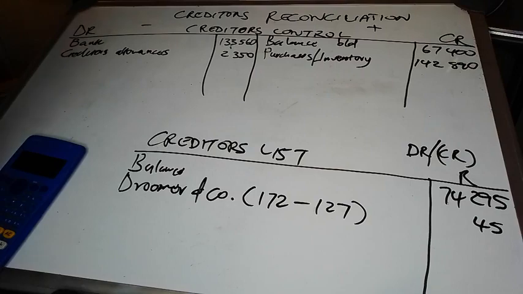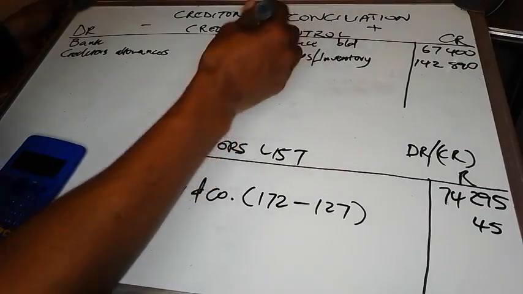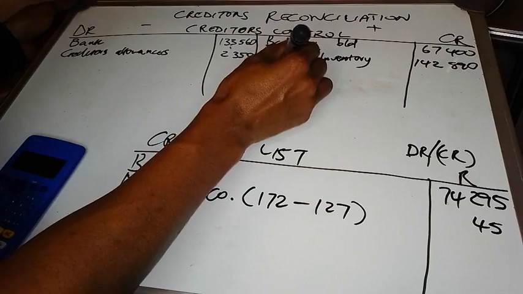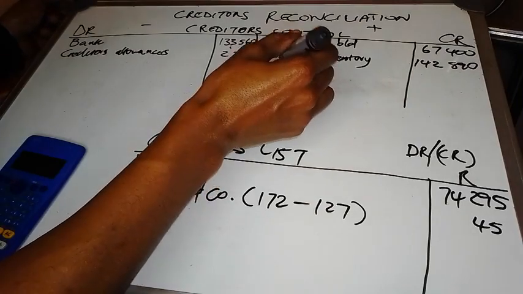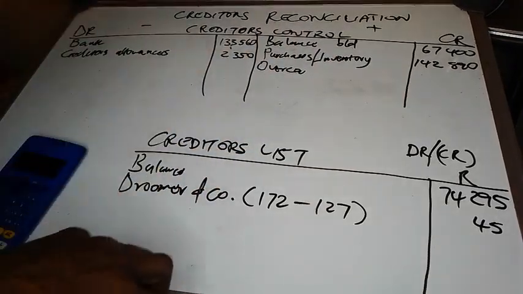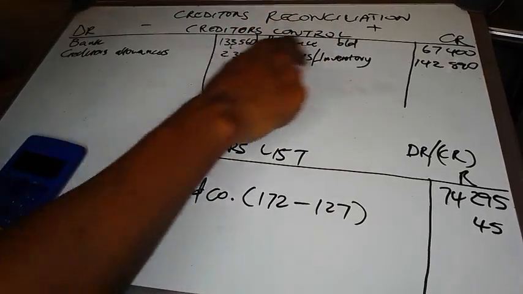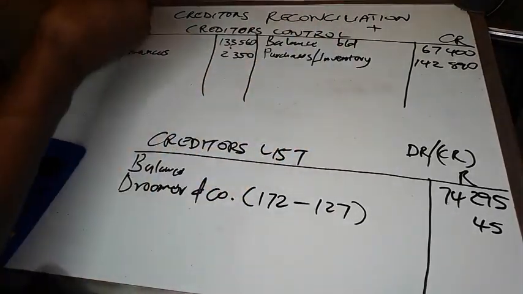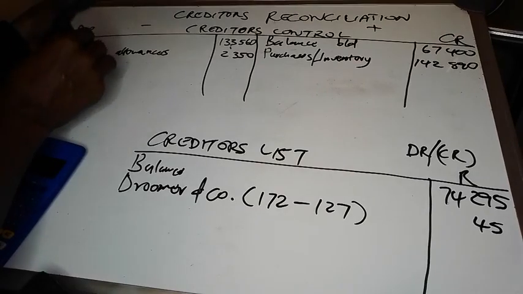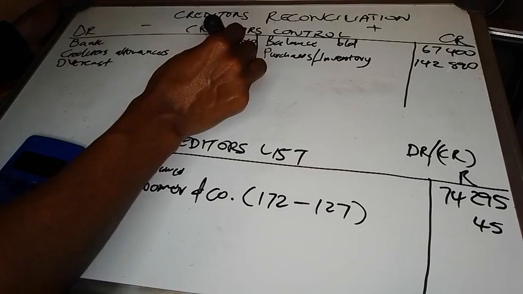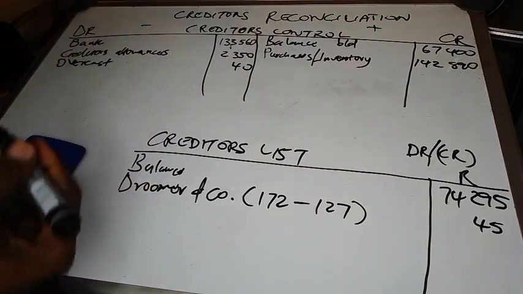And then the next item says the creditors journal was overcast by 40 rands, right? Whenever the creditors journal is overcast, it affects the creditors. An overcast, we need to cancel it. It means this side is bigger and therefore we need to debit it, we reduce it by 40, right?